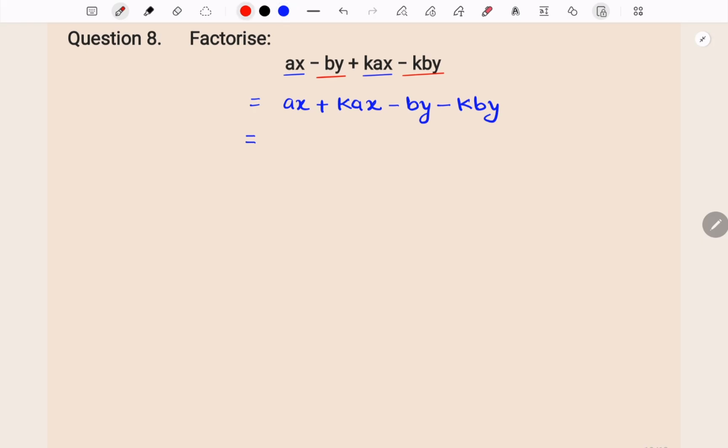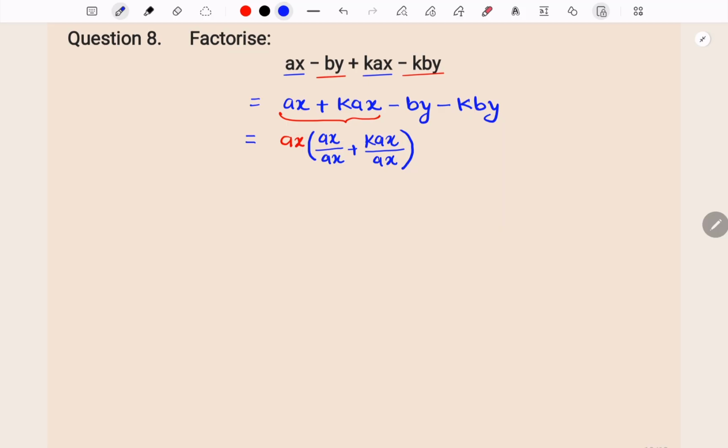Here ax plus kax, these two terms are similar in the sense that I can factor out ax. Okay, so if I factor out ax, then I will have to divide every term with ax. So we have kax over ax.